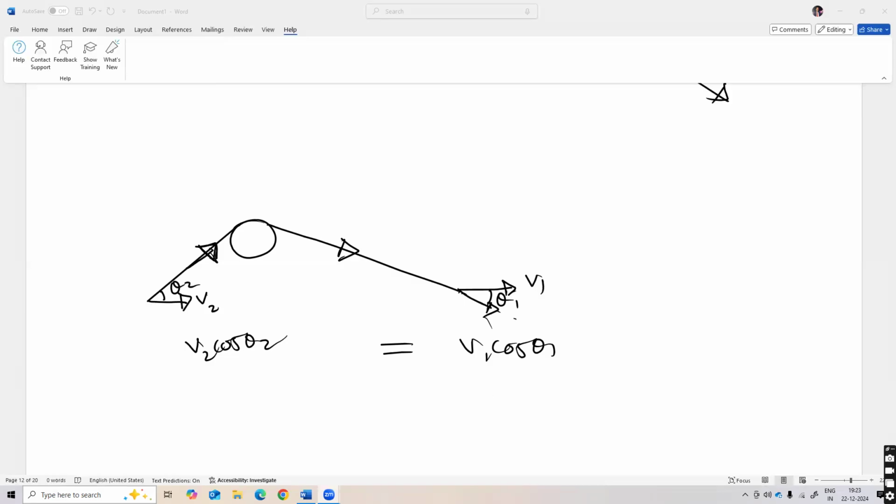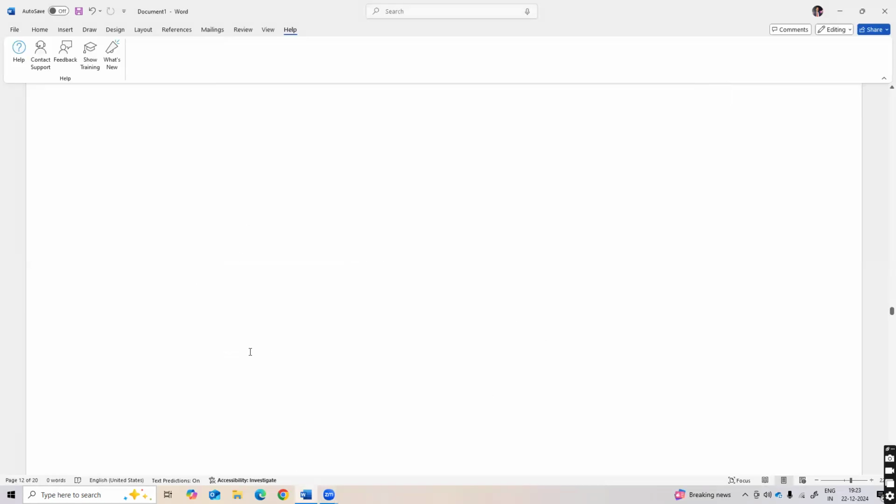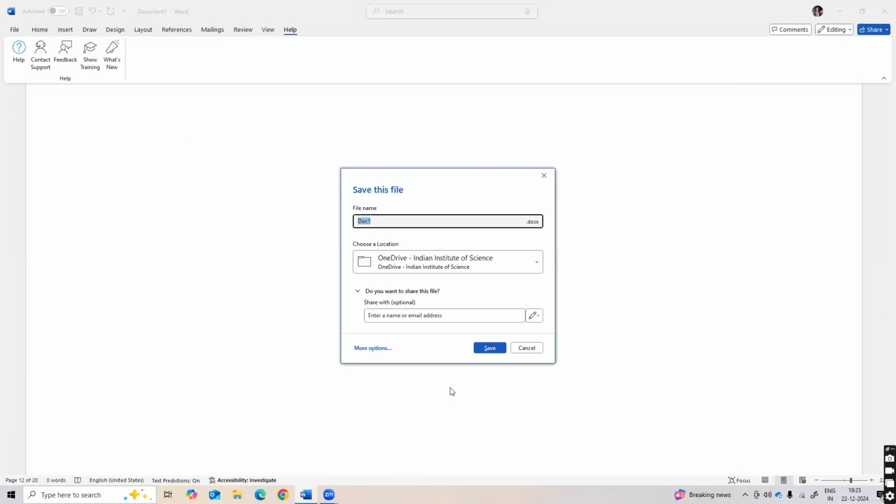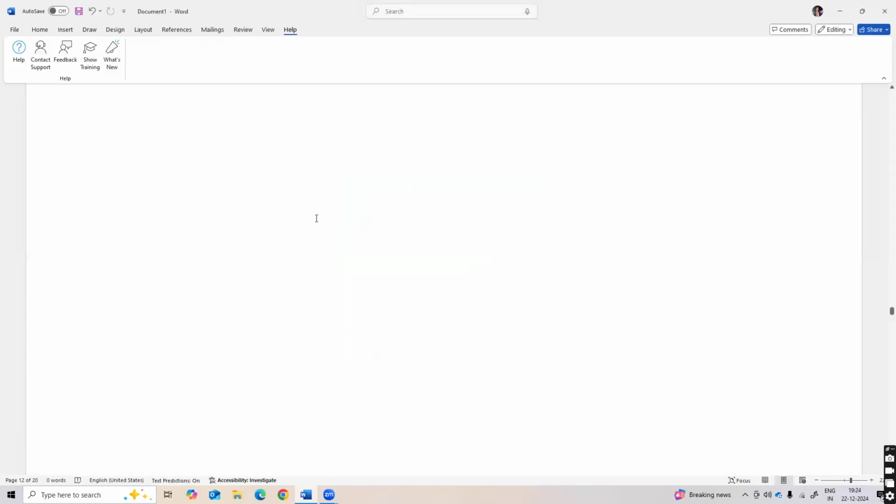So we will see one more similar question. Let's say now there is a wall. So this is a wall, and there is a rod which is moving against the wall.